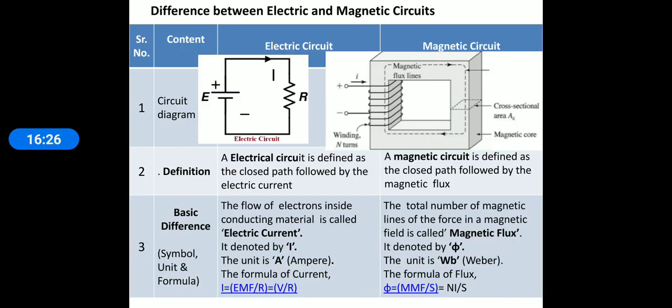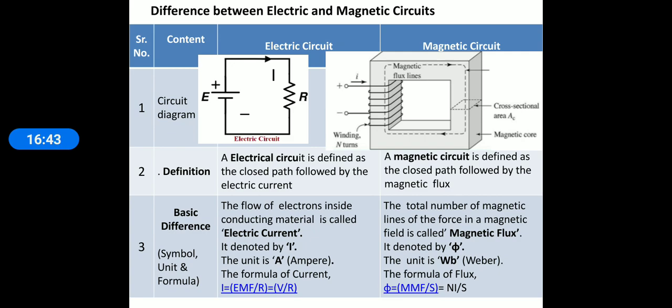Then what is the difference between electric and magnetic circuits? The first point is the circuit diagram, shown here in the figure.